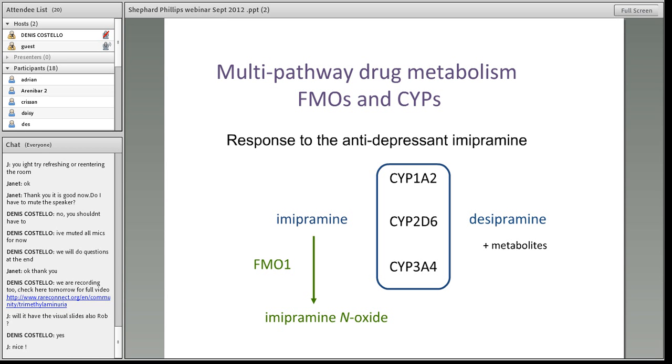Now, this also demonstrates something else about drug metabolism, in that imipramine has antidepressant activity. When it's converted to desipramine by the cytochrome P450, desipramine also has antidepressant activity. And so the body is helping to make what we think is a more potent antidepressant from the imipramine.